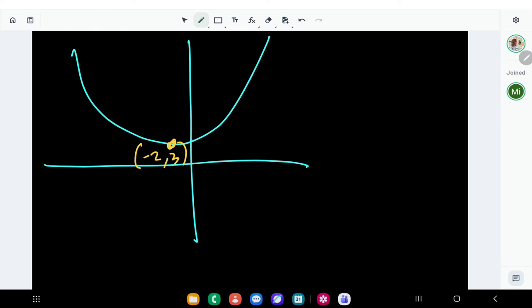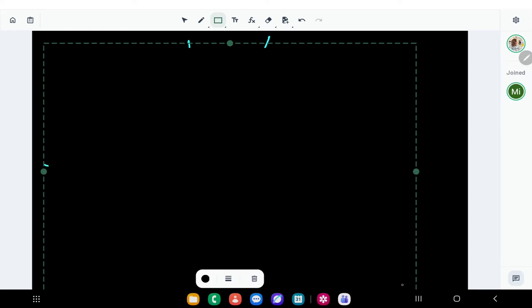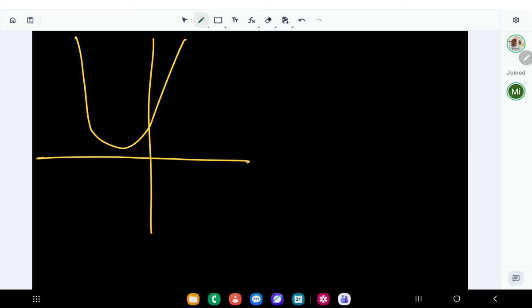Sorry about the graph. So your vertex here is (negative 2, 3), and the y-intercept is (0, 5). Write the equation of the parabola.